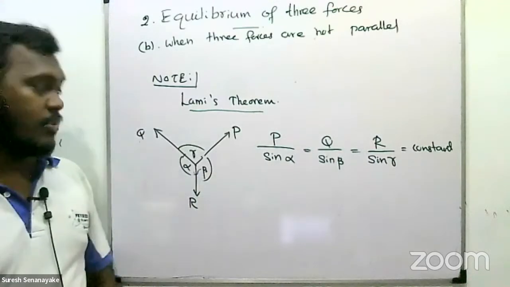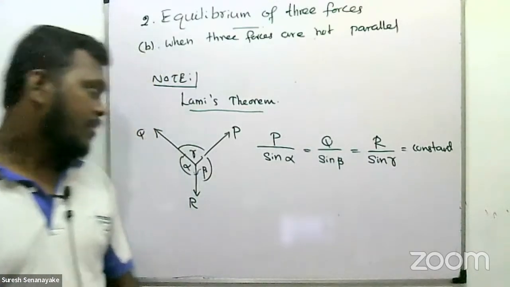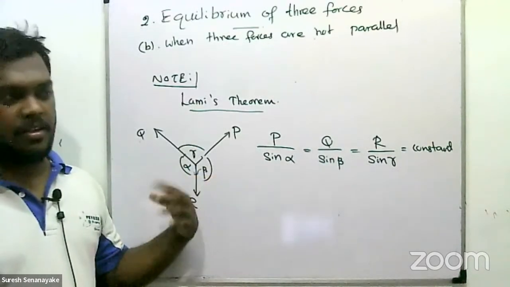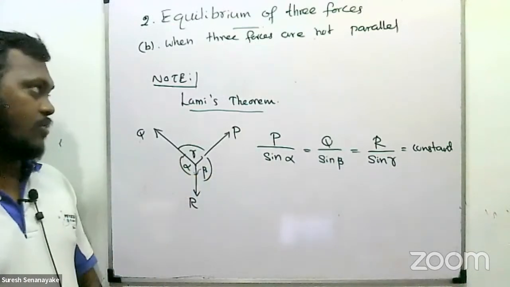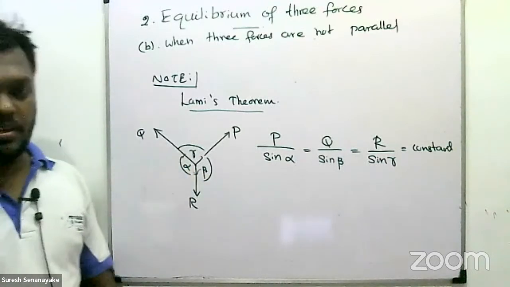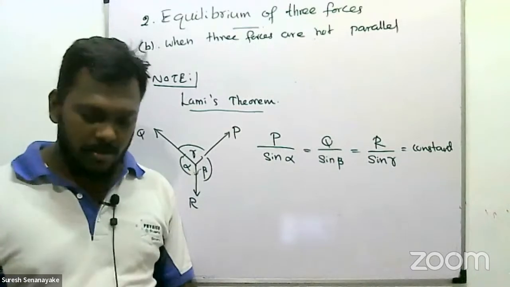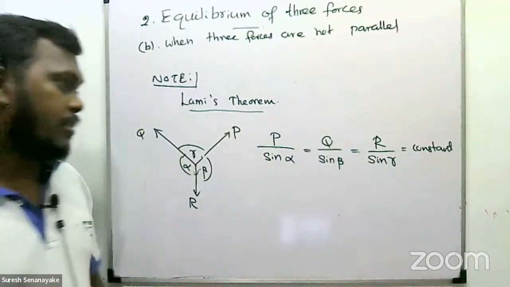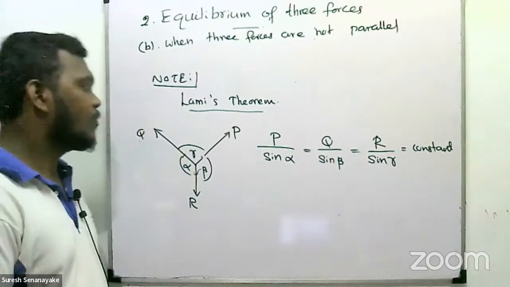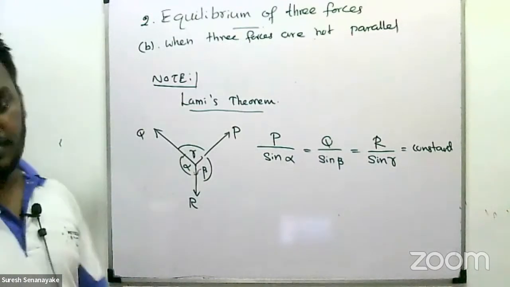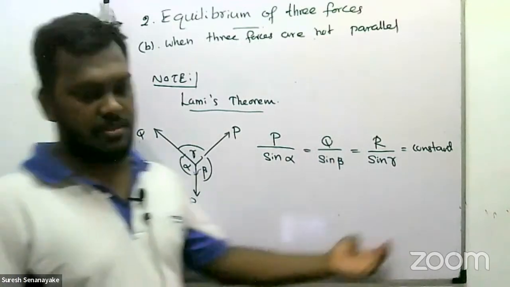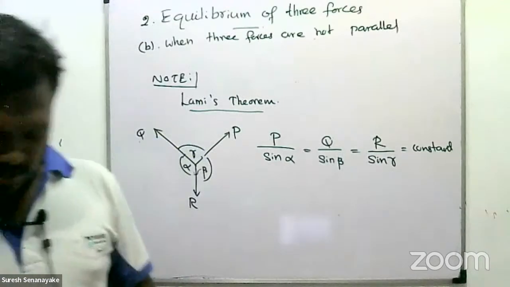For three parallel forces, all should be in the same plane, the resultant force should be zero, and the moment taken about any point in the plane should equal zero. For non-parallel forces, they meet at the same point and can be represented in a closed triangle. If there are more than three forces, any number of forces, then you can represent them in a closed polygon. Right?